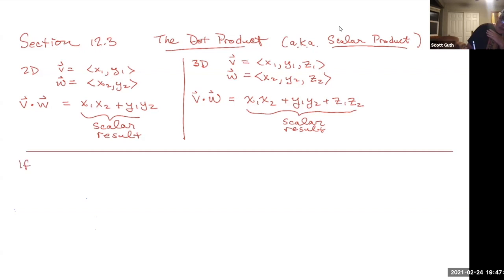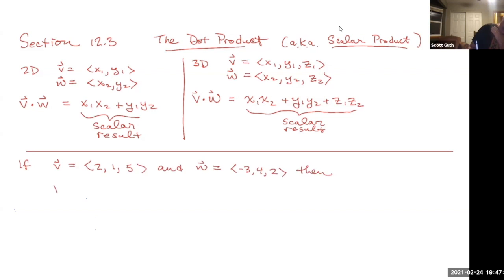So if V is 2, 1, 5 and W is negative 3, 4, 2, then V dot W is 2 times negative 3 plus 1 times 4 plus 5 times 2.